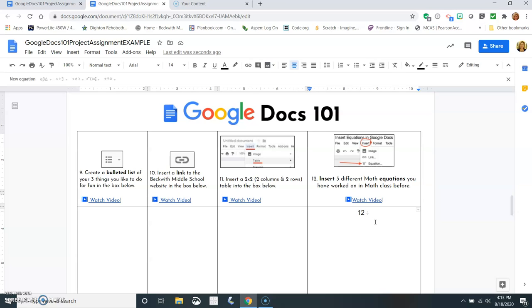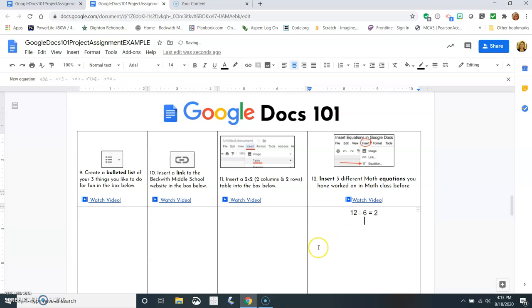It moves you over. So now you can type in your other number or whatever it is you want. So I think I'm going to say 12 divided by 6 and then equals, and we know what that is, right? 12 divided by 6 is 2. So there's your first equation.